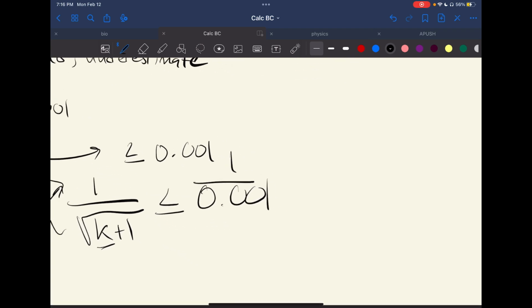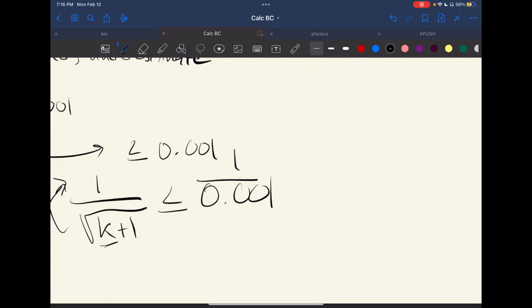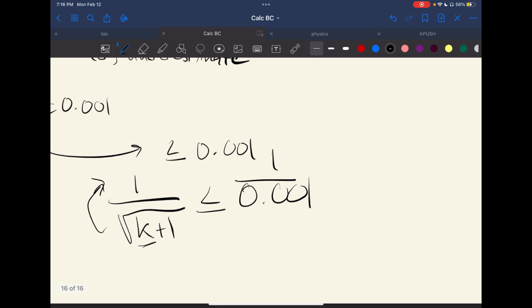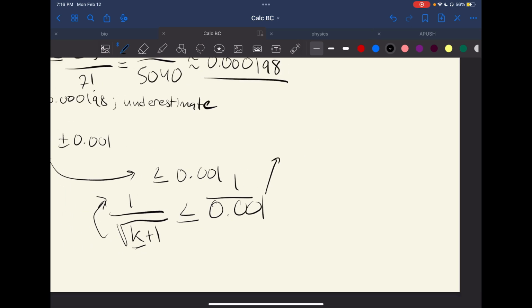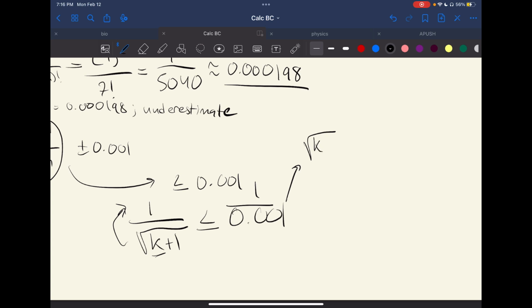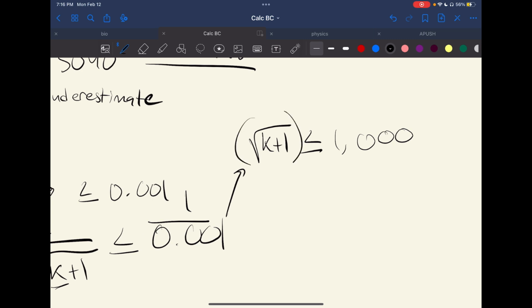So if I did 1 over 0.001, we're going to get root k plus 1. This doesn't change because I didn't multiply by anything negative. And that's going to become 1,000. Okay. And then if I square this, we're going to get k plus 1 is less than or equal to a million.